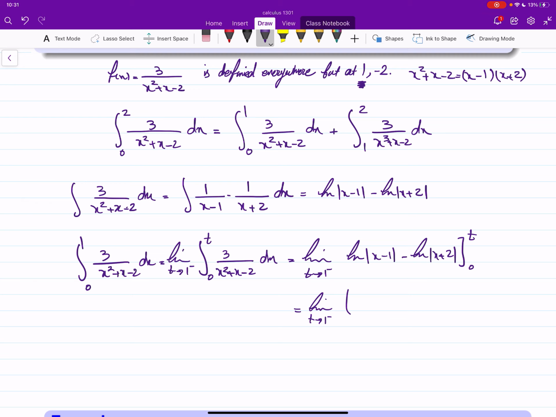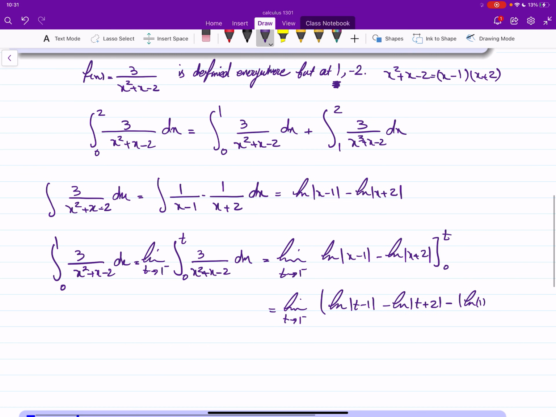I should plug in t first: ln of t minus 1 minus ln of t plus 2, minus, then plug in 0. The first one will be ln of 1, and the second one ln of 2.